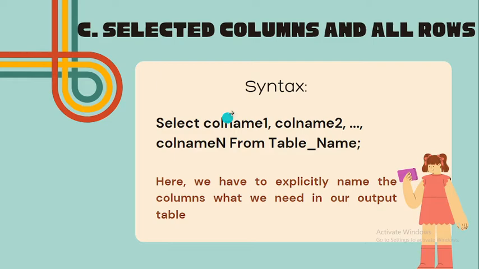For that, we will use the syntax select space column name 1, comma, column name 2, comma, dot, dot, dot, comma, column name n, from table name. So you can see here we have to explicitly name the columns we need in our output table. Only those particular column names we have to nominate that we want in our output table.